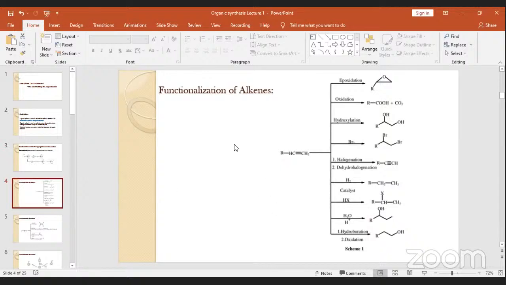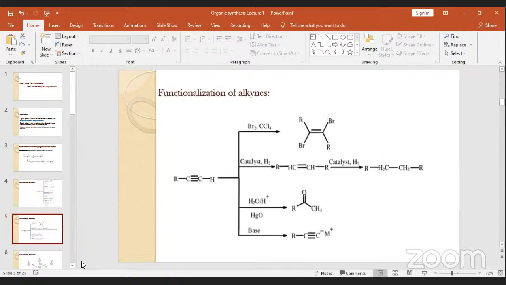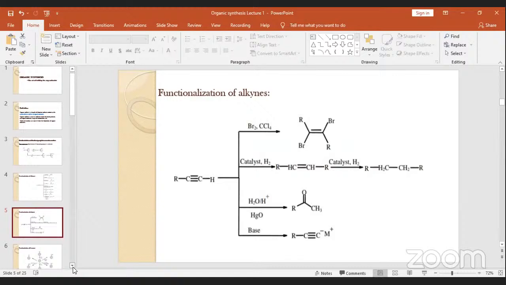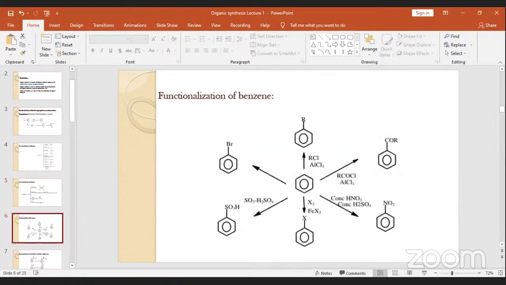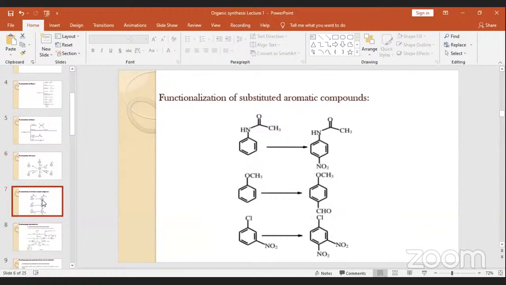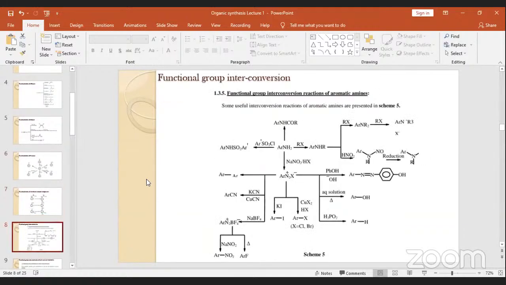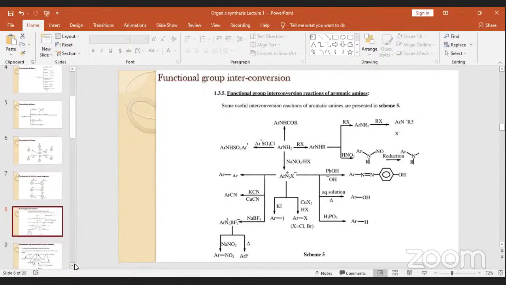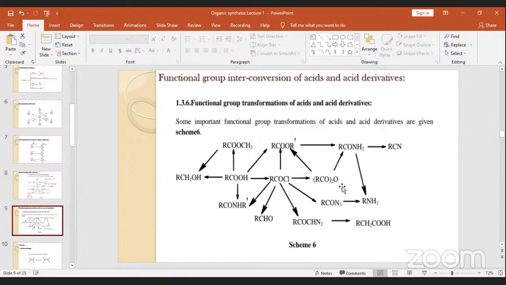We have seen various functionalization reactions of alkanes, alkenes, and alkynes, and arenes also, including substituted arenes. Then functional group interconversion reactions of amines, and of carboxylic acids and esters we have seen.